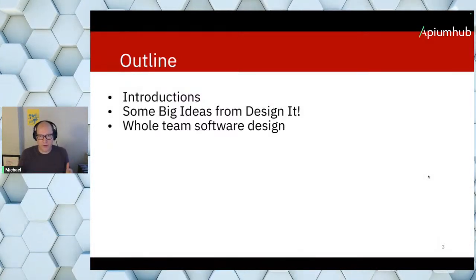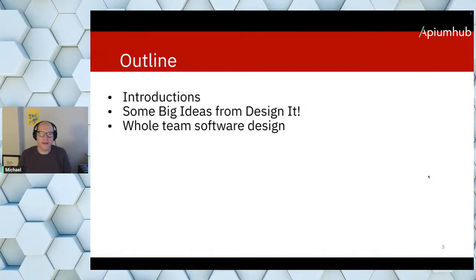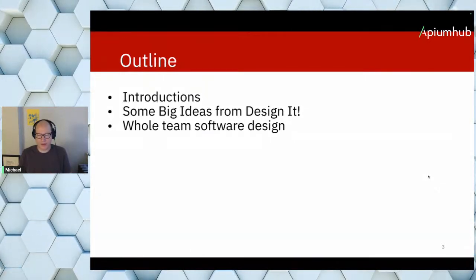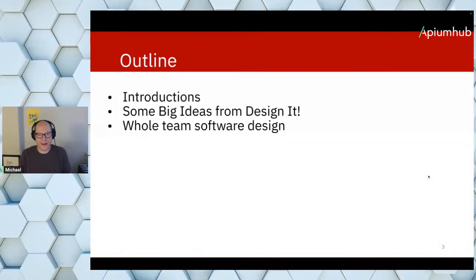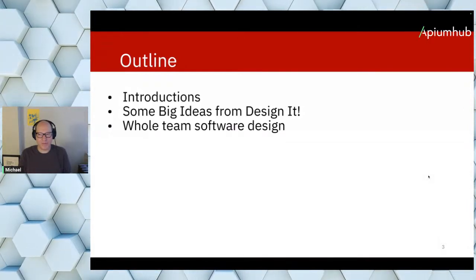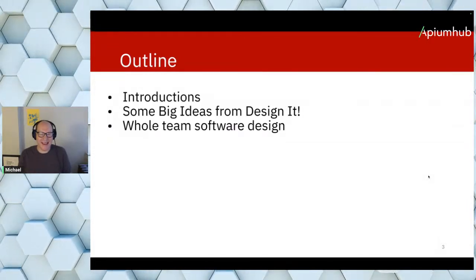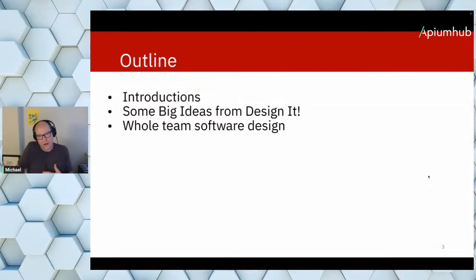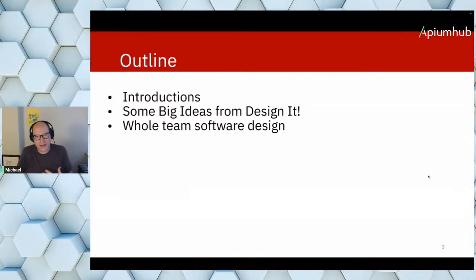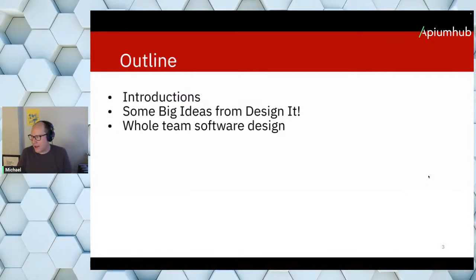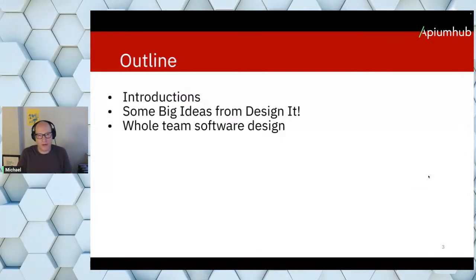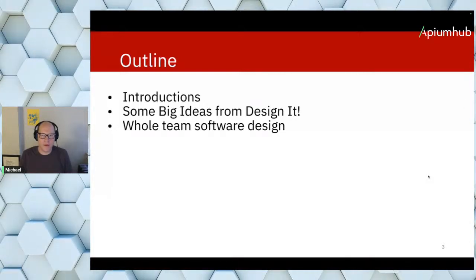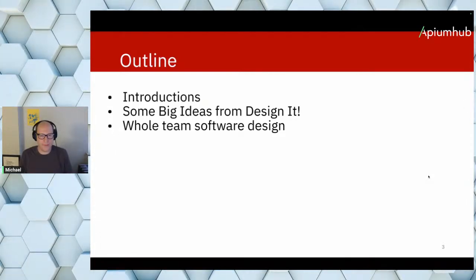Obviously, not going to have time to go through everything that's in the book, but I'd like to make sure that we hit some of the main points for potential discussion, and then the topic that I've been researching since the book: what happens if we go beyond what's in Design It? It's been 4 or 5 years since it's been published. How can we bring these ideas to the next level? So talking about whole team software design a little bit as well.